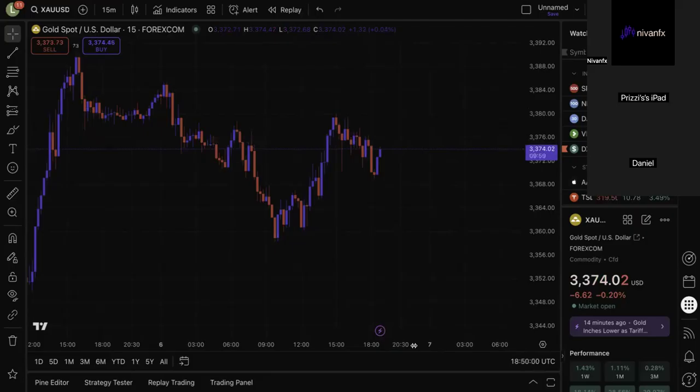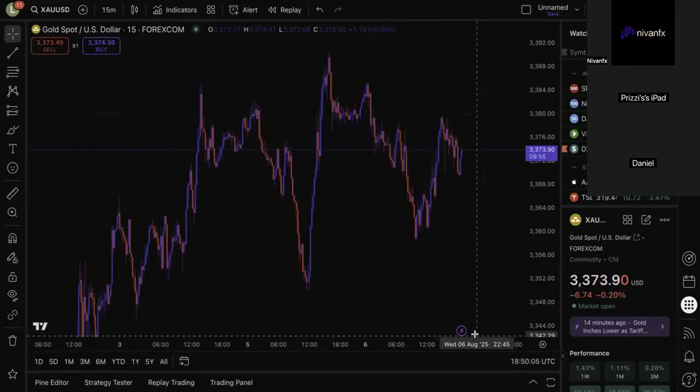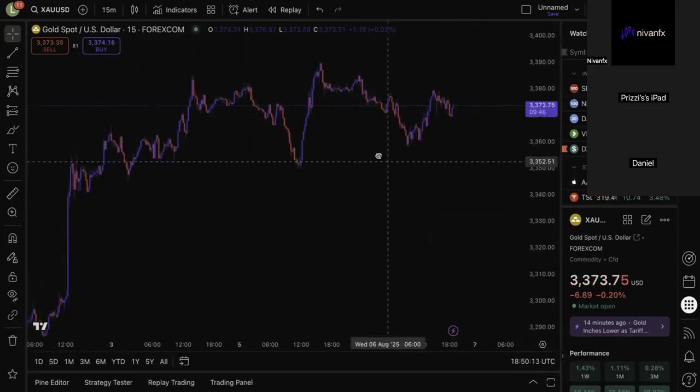So, yesterday we stopped at picking out directional biases for trading, like understanding the direction where the market is actually intending on going.